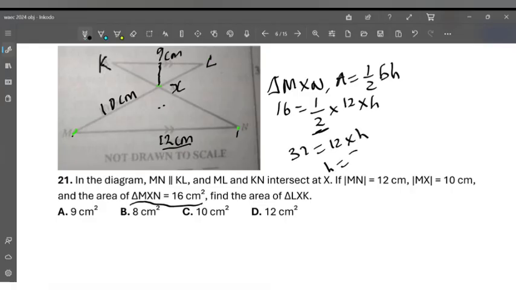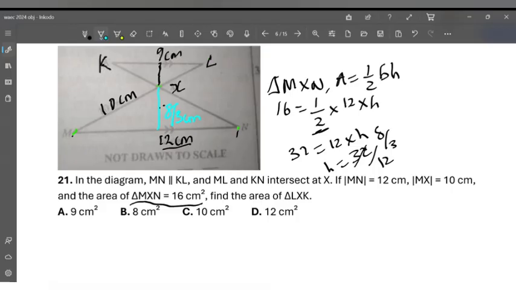So our height is equal to 32 over 12. I can reduce this fraction by dividing by 4. This will be 8 over 3. So the height of this lower triangle is 8 over 3 centimeters.